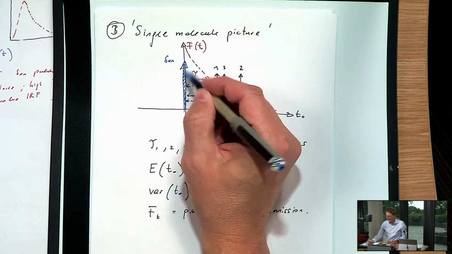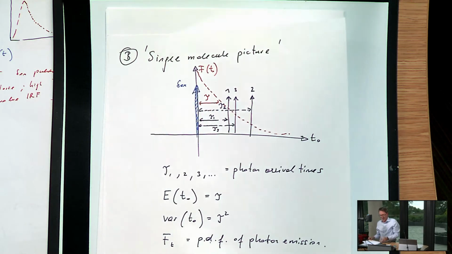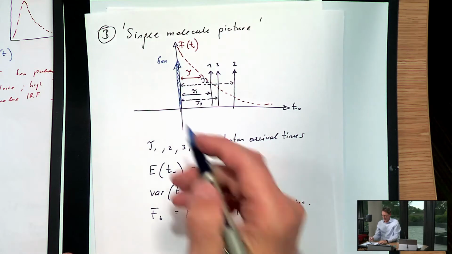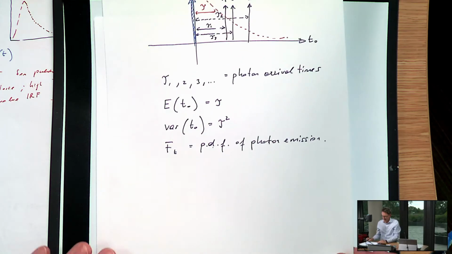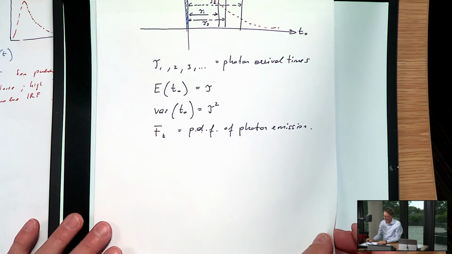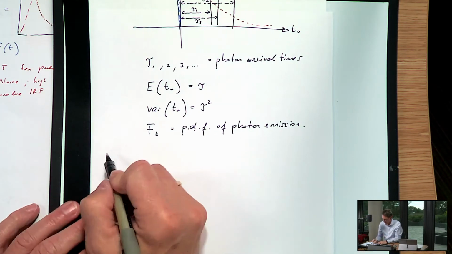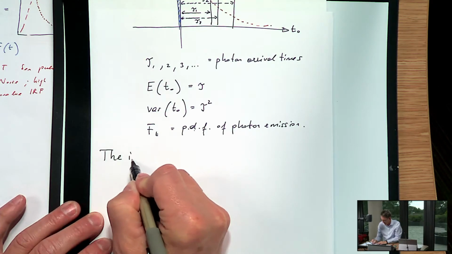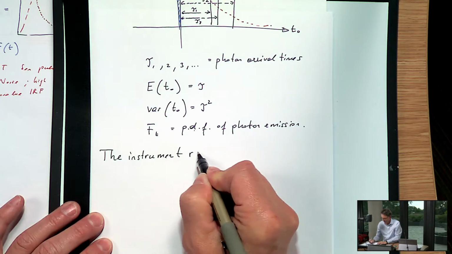So this excitation pulse is not, of course, a perfect delta function. So in reality, the excitation function will be spread out a little bit. And so I now define what I call the instrument response function. So let's call this the instrument response.